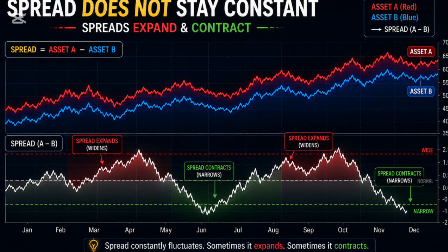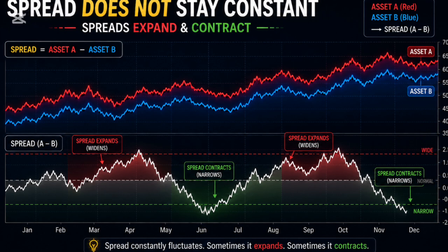So when the spread expands, we are also using other concepts to back our entry, right? So when it expands, we'll be looking at Z-score, which we'll be discussing later. We'll be looking at the mean reversion concept and other tools, right?